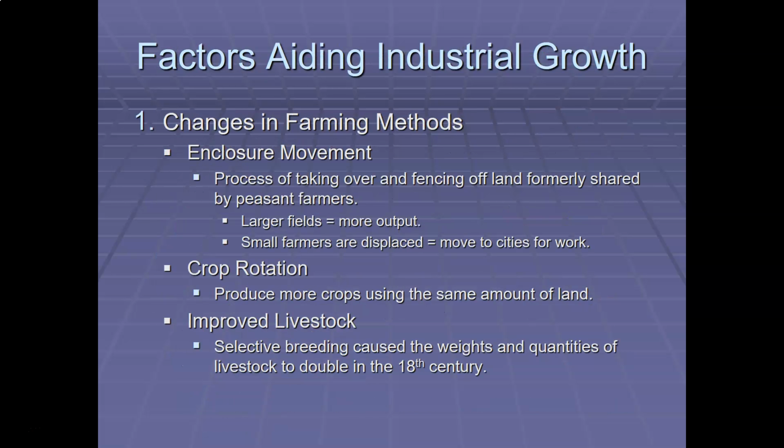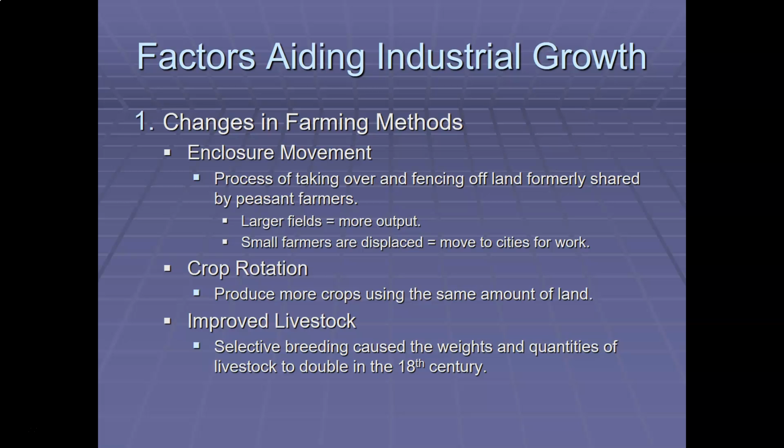All right, so let's talk about some factors that helped aid industrial growth. One is you have changes in farming. You have the enclosure movement, which is basically the process of taking over land and fencing it off, where it used to be shared, like a land of commons for the peasant farmers. And you end up having larger fields, which means you have more output.